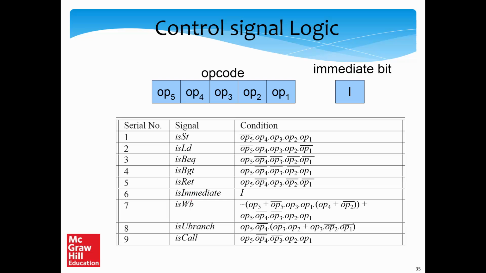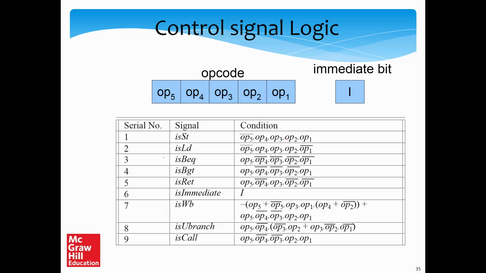What I have written on this slide is, let's consider the 5 opcode bits. Let's call them OP5 to OP1 and the immediate bit I. I've just written down the conditions essentially for detecting these signals, or setting these signals.